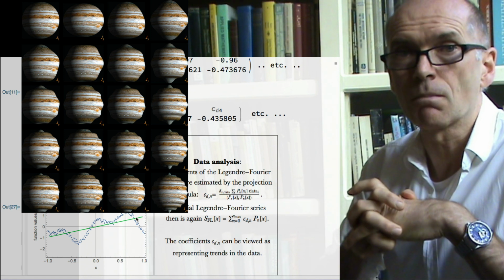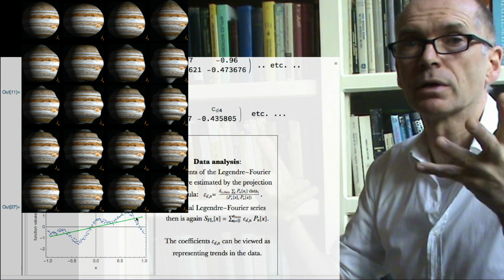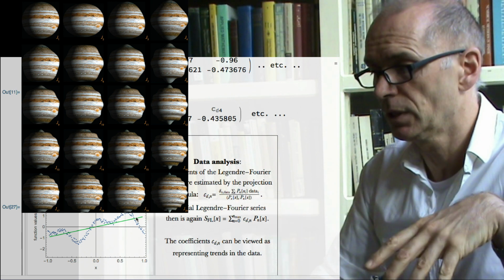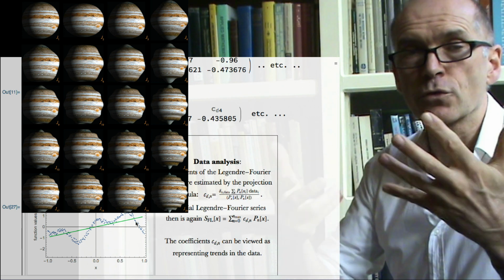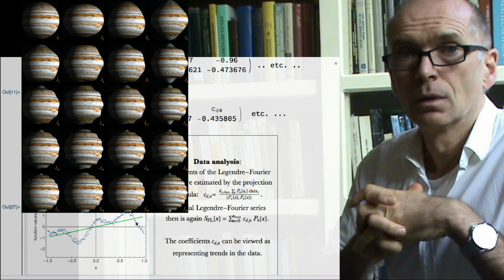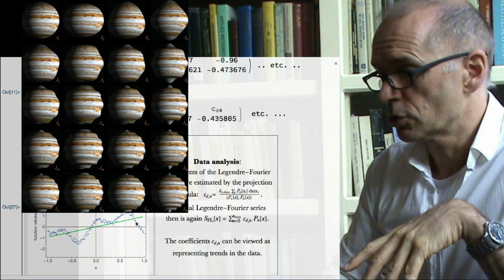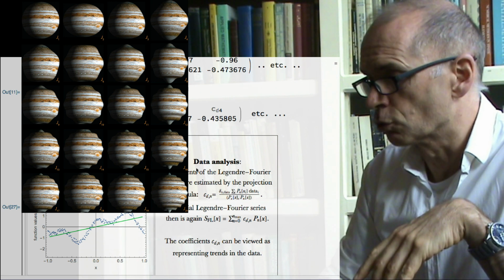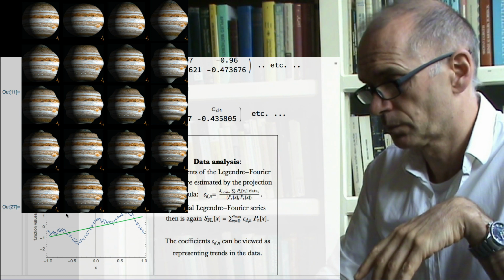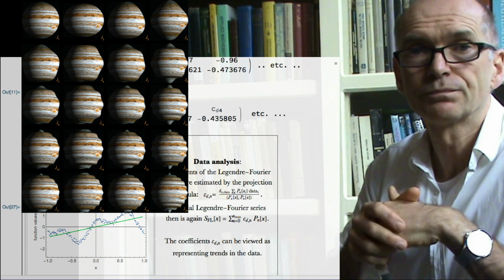But the idea is the same. So they expanded their measured data, such a scattered data set, in terms of such functions that are orthogonal, using such a technique. And then looking at the coefficients of your series, you can see the trends.